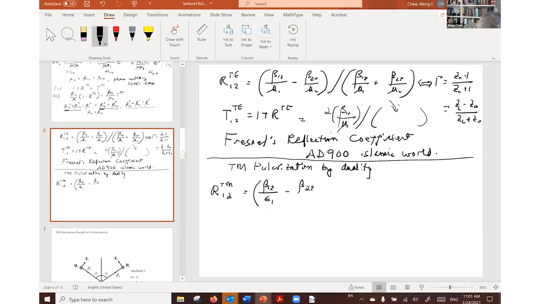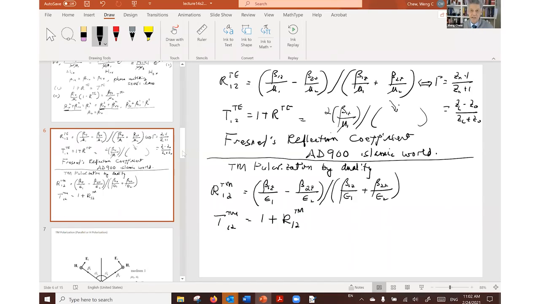You have to replace the media epsilon 1 with mu and so on. And then beta 1z over epsilon 1 plus beta 2z over epsilon 2. So this is for TM polarization. And then you can do the same for TM polarization, which is 1 plus R 1,2 TM.